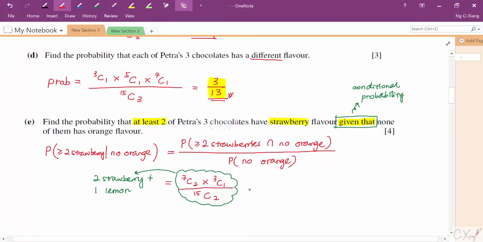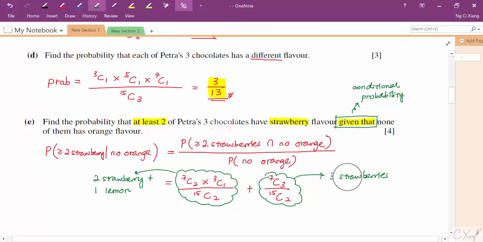Besides this result, we have another result where we can have 3 strawberries. That means also no orange and no lemon. So 3 strawberries will be 7C3 divided by 15C3. When you have all 3 strawberries, it fulfills the condition here, at least 2 strawberries and also no orange.